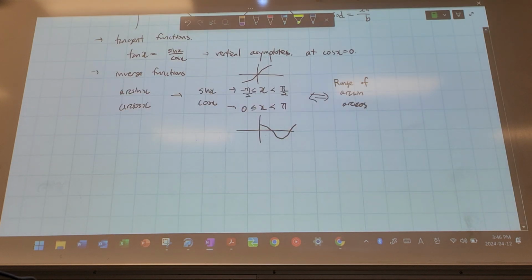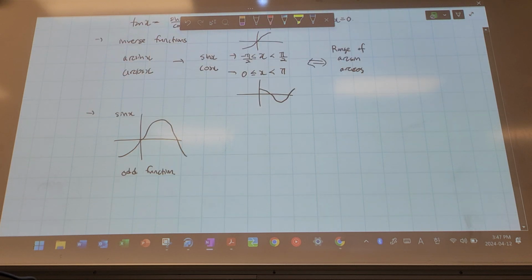Lastly, let's talk about the odd and even functions of the sine and cosine. So the sine of x, which has a shape of going upwards like this and downwards like this, is an example of an odd function, because we know that sine of x is equal to negative sine of negative x.